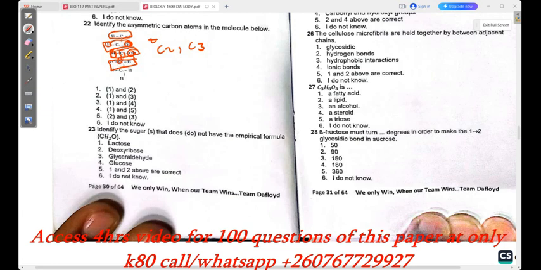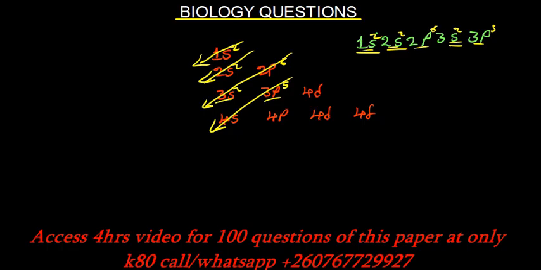This one will not be a chiral carbon because we have hydrogen here, another hydrogen there. So it's not a chiral carbon. So only 2 and 3. The last one, that one also can't be a chiral carbon. So only 2 and 3 are linked to 4 different groups. So the answer has to be 2 and 3. So option 5. That's the answer. 23.